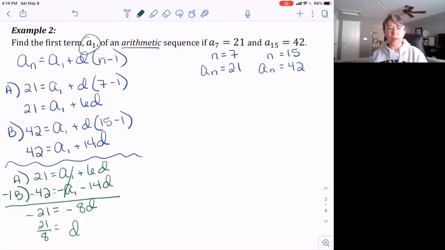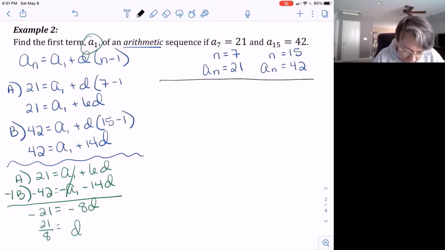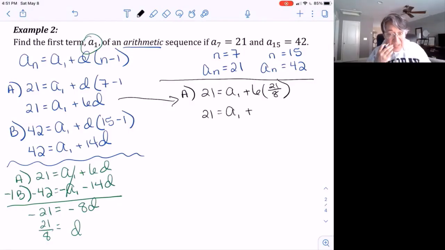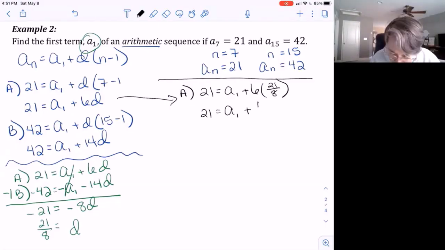But remember, they asked us to find the first term, a sub 1. So let's plug this back into one of our first equations. If we plug in this common difference into equation A, we would get 21 equals our first term plus 6 times 21/8. So we get 21 equals a sub 1 plus 6 times 21/8 reduces to 63/4.